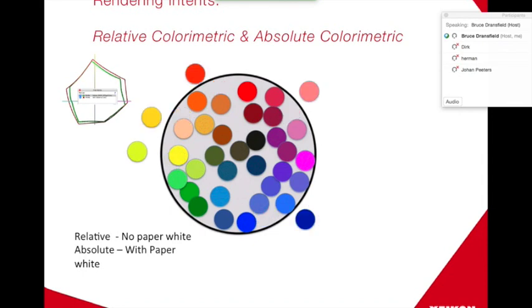So we're going to discuss now rendering intents. Something you'll see in the RIP are rendering intents, and I'm sure it's something we've all heard about, but what actually are they? Well, we have colorimetric and absolute colorimetric, and we'll start with colorimetric.